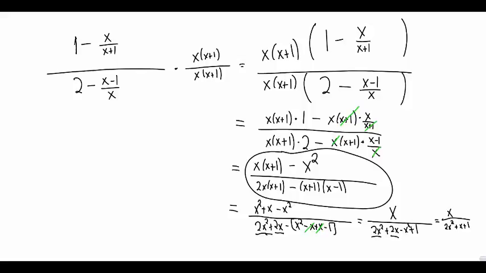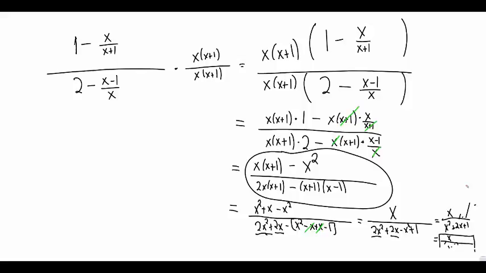And that changes this very final denominator to x squared plus 2x minus 1, which factors as x times x plus 1 quantity squared. So there's your very final answer.